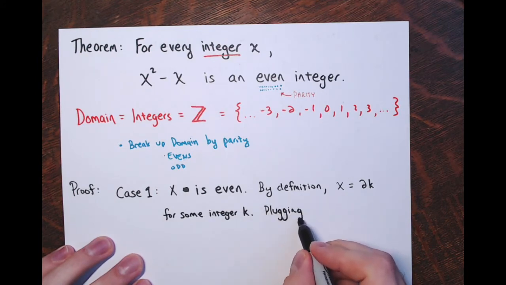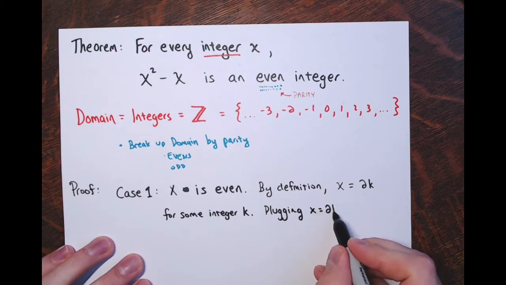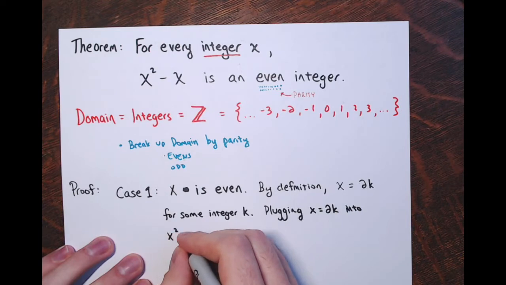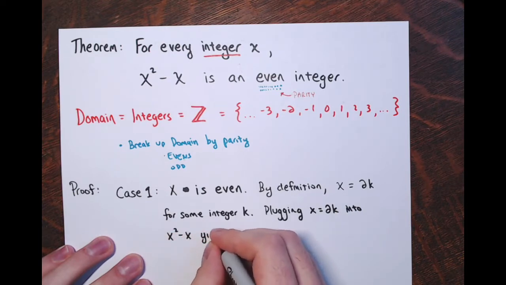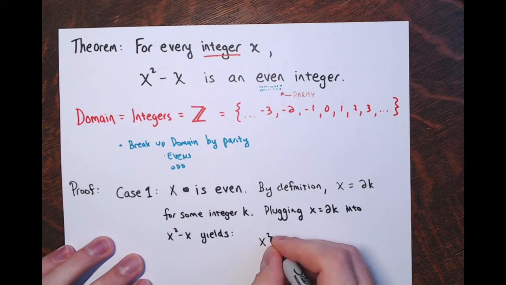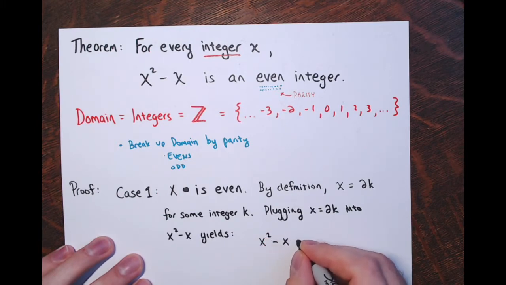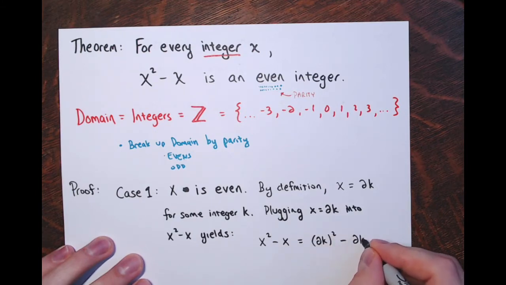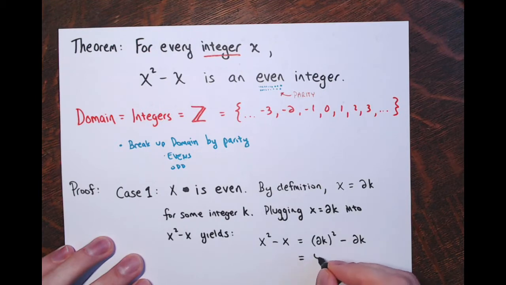So plugging x equals 2k into the expression x squared minus x yields the following. x squared minus x would be equal to 2k squared minus 2k, which is 4k squared minus 2k.